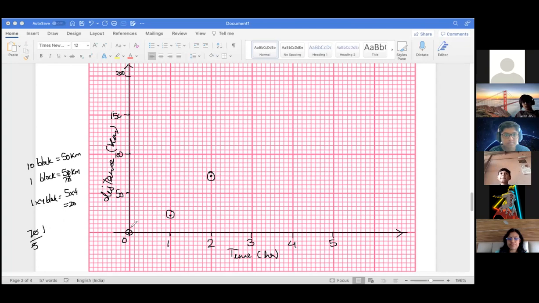Yes or no? And why are you dividing 70 upon 5? Why not 10? No, we already did it with 10. You don't require it, because I need 20 more beyond 50, right? So 50 is up to here, plus 20. 20 is 4 blocks, so 20 is 4 blocks ahead.